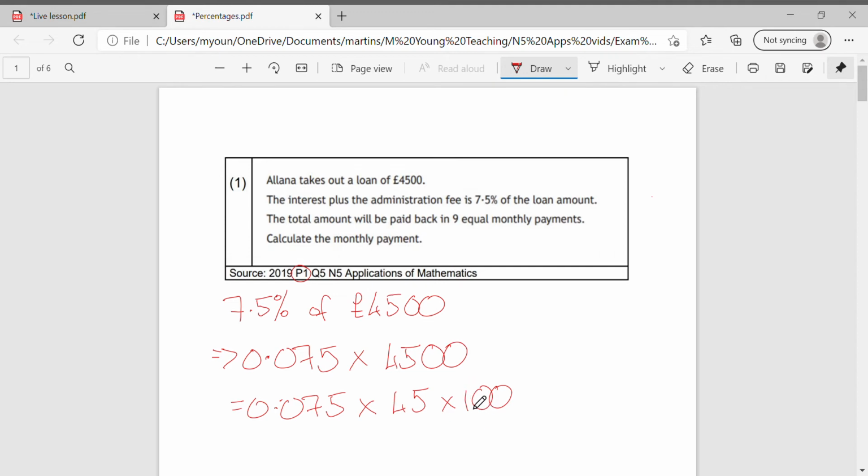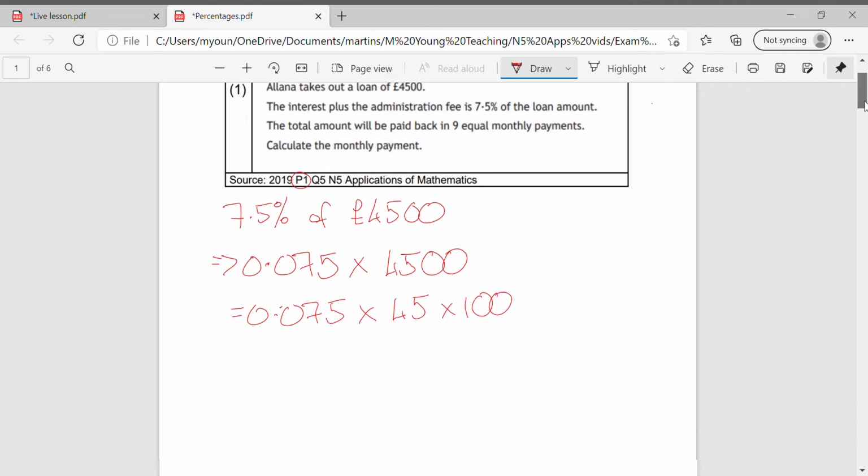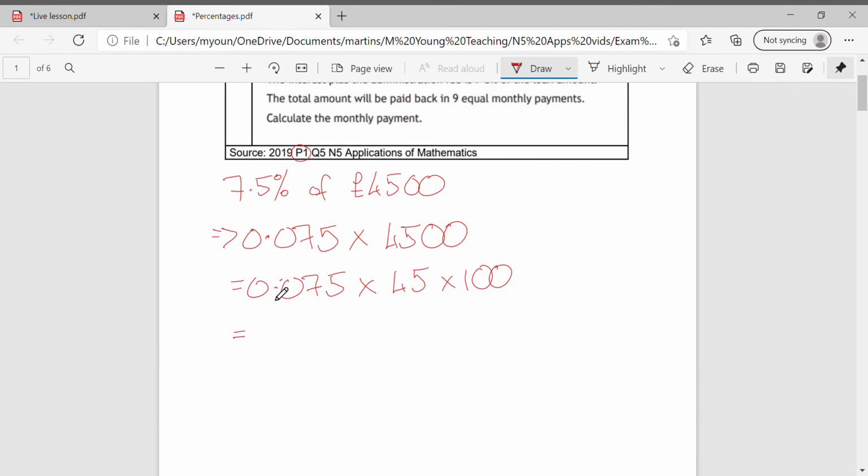So what I'm going to do now is 0.075 times 100. Move the decimal point 2 places, so it's going to be 7.5 times 45. Now again, what that means is I can do 7 times 45 and then add on 0.5 times 45.